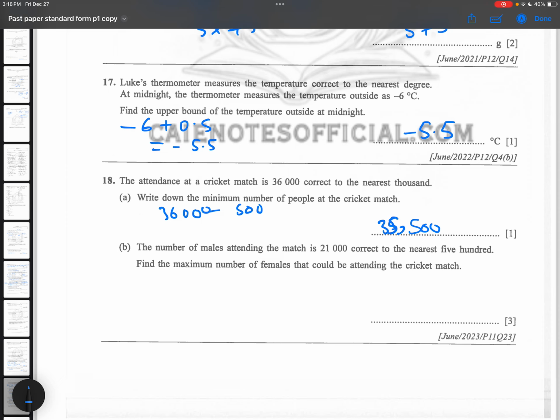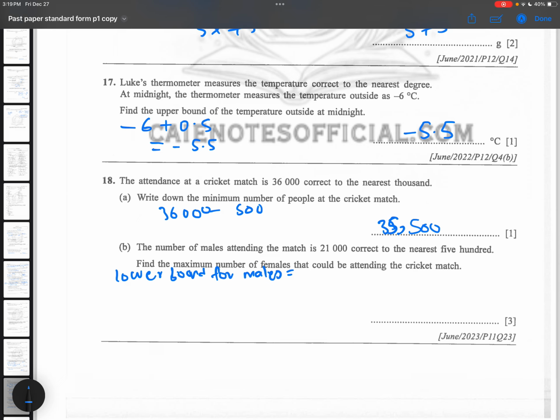Now part B says the number of males attending the match is 21,000, correct to the nearest 500. Find the maximum number of females that could be attending the cricket match. We will have the maximum number of females when the number of males is minimum. So I will first calculate the lower bound for males.